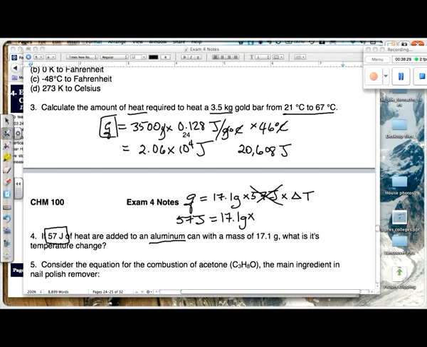it is 0.903, so it takes more energy to heat aluminum up than it does gold, times the temperature change, which is what we're looking for. So 57, divided by these two numbers multiplied together will give us our temperature change.